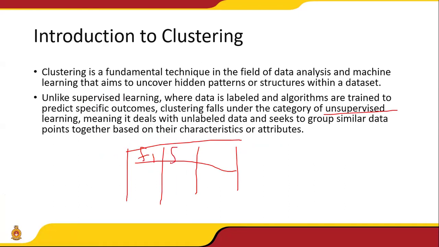We have feature 1, feature 2, feature 3, and feature n at the end of the day, and we have something in the data set. What we are going to do is seek the similarities in the data, and cluster them into 1, 2, 3 or 5 groups, whatever, based on the characteristics and attributes.